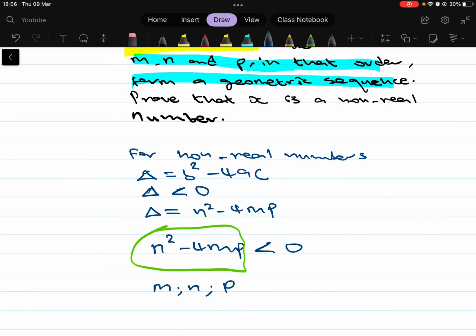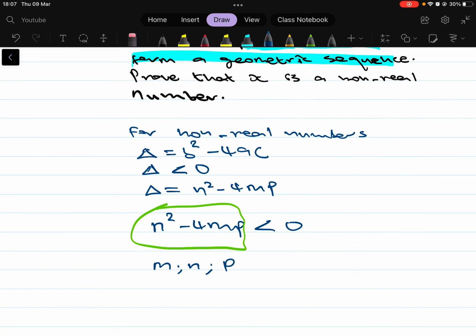What do we know about a geometric sequence? We have a common or constant ratio. That means n over m equals p over n.